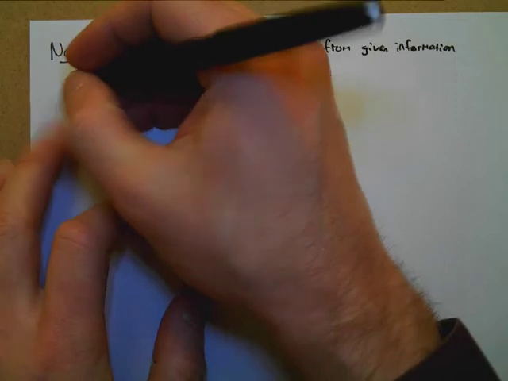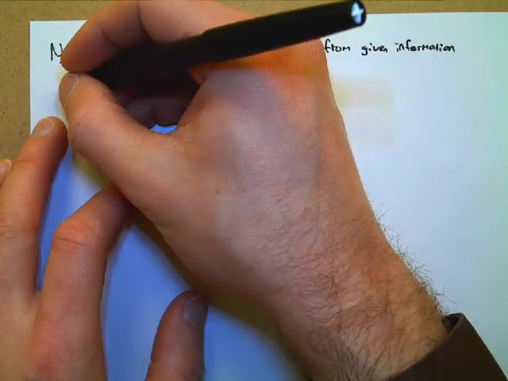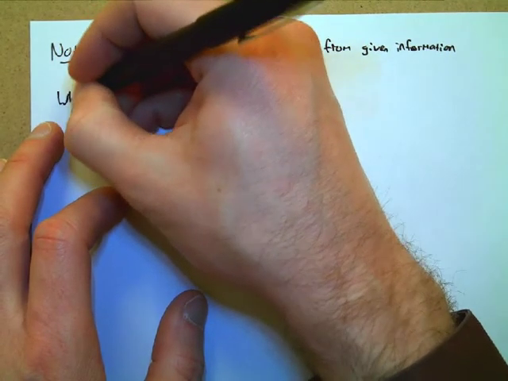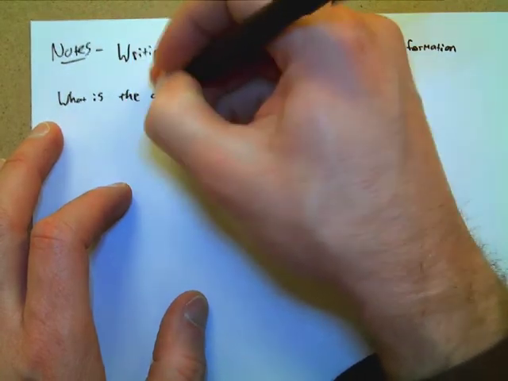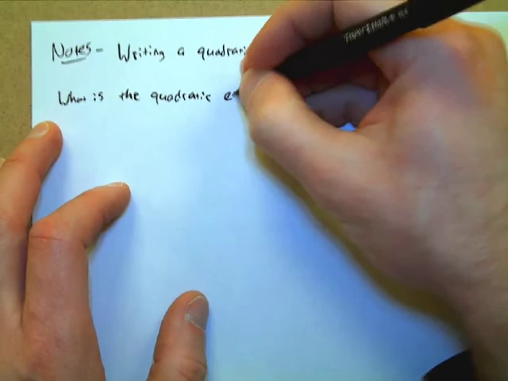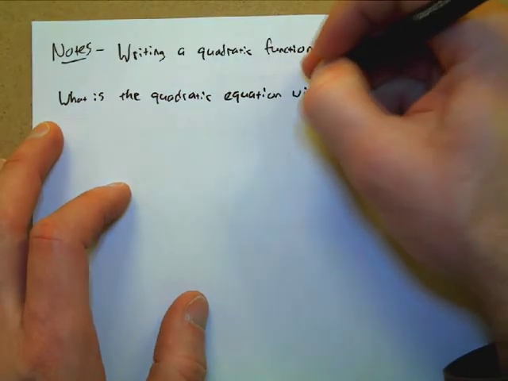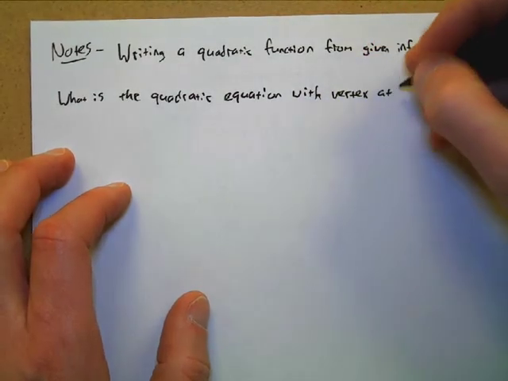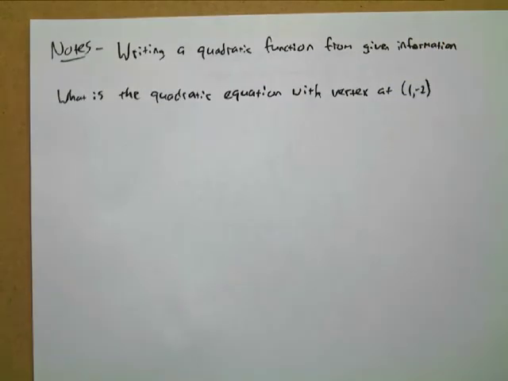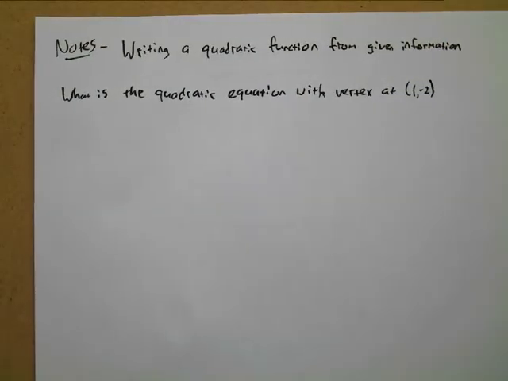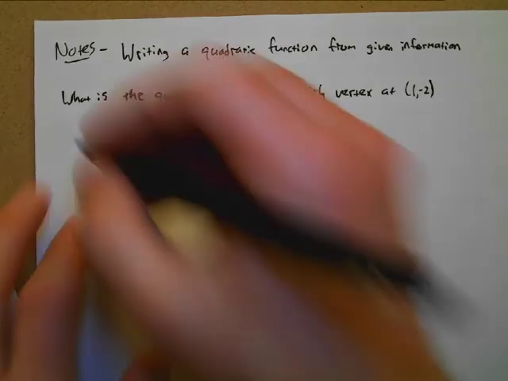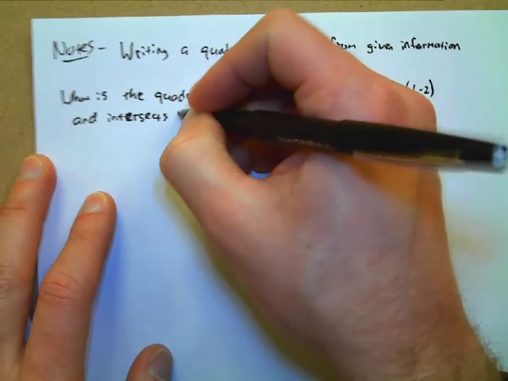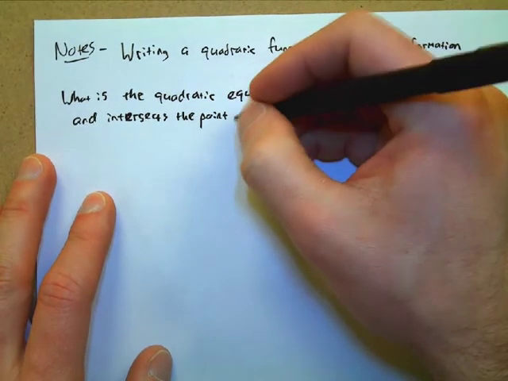So our first thing we'll do here is write our directions: what is the quadratic equation with vertex at (1, -2) and intersects the point (3, 2)?